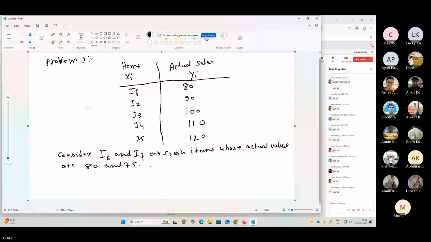Now we have a regression model which predicts the items I6 and I7 as 75 and 85.